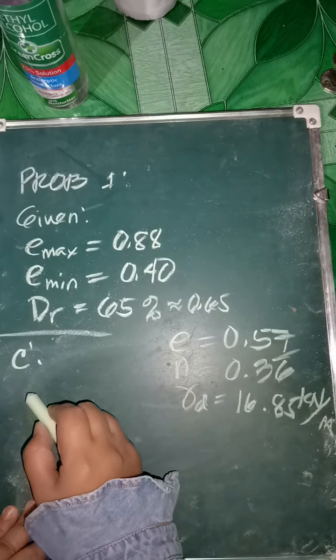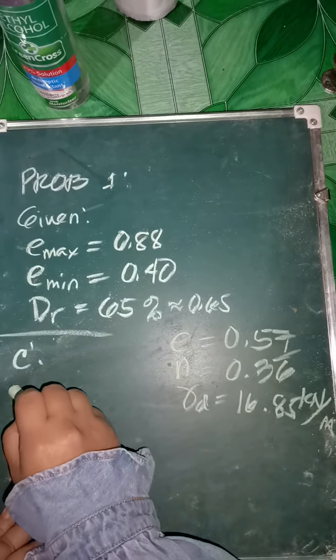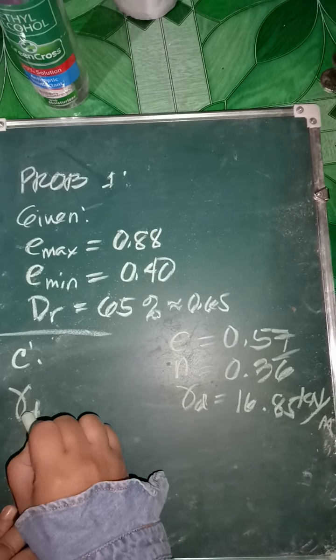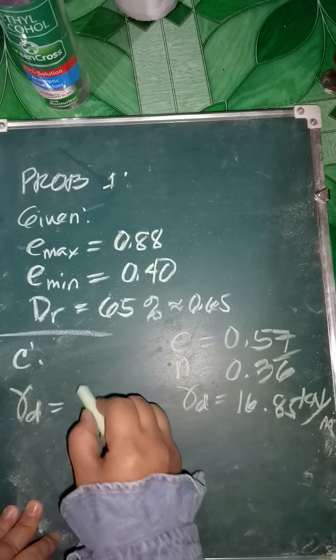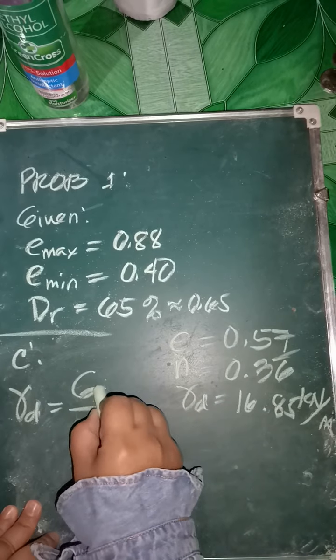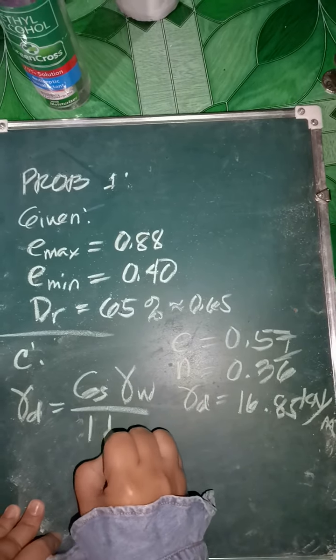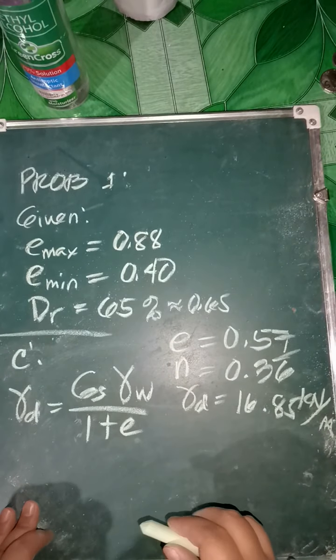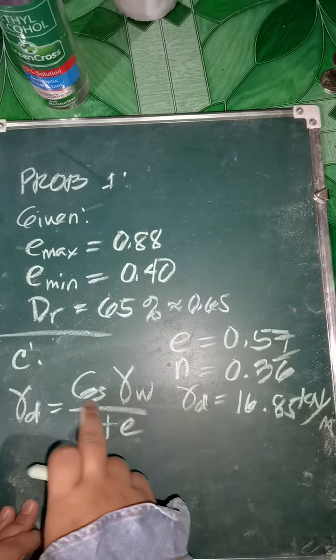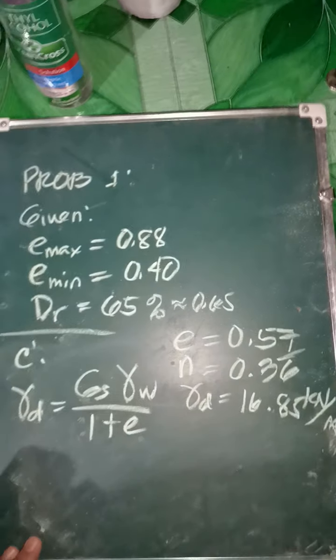So we have the equation for the dry unit weight, gamma D, equivalent to specific gravity GS times unit weight of the water over 1 plus E. We're going to solve for the value of GS.